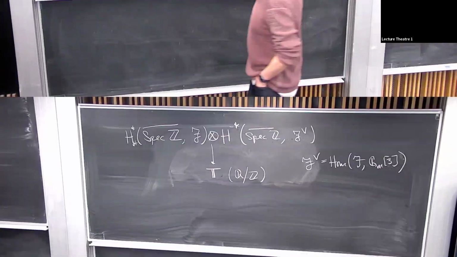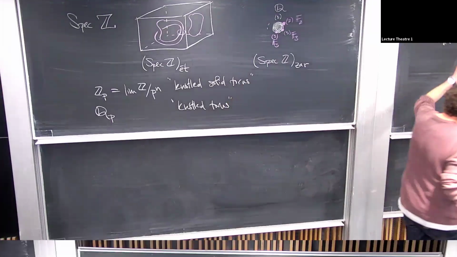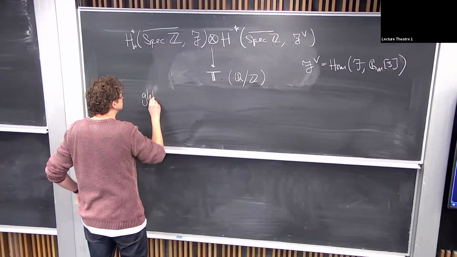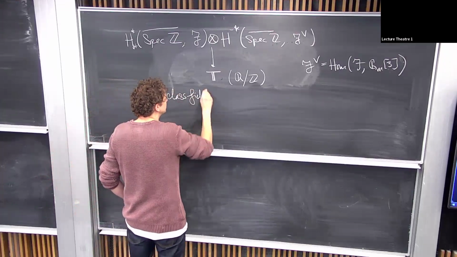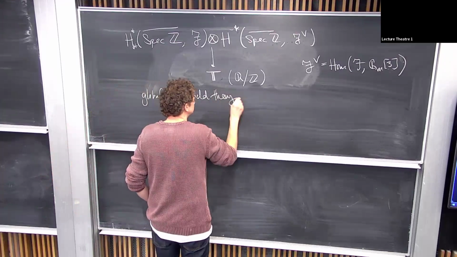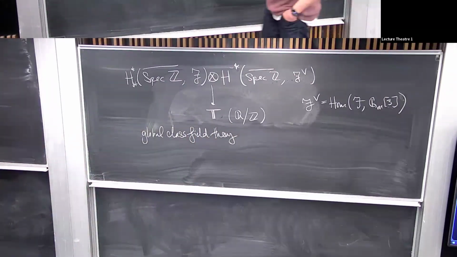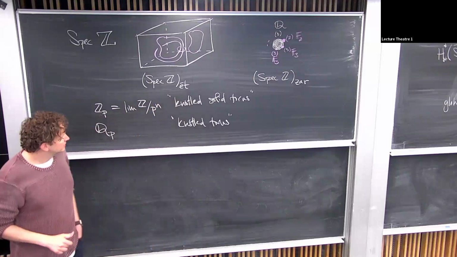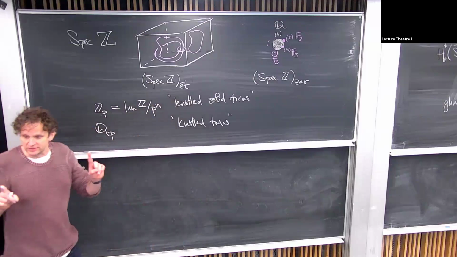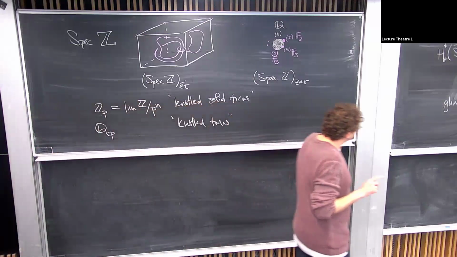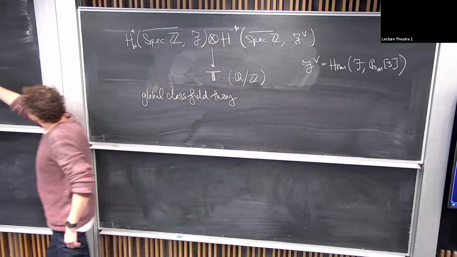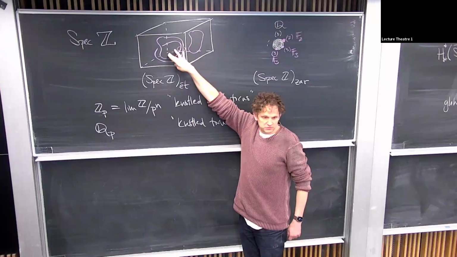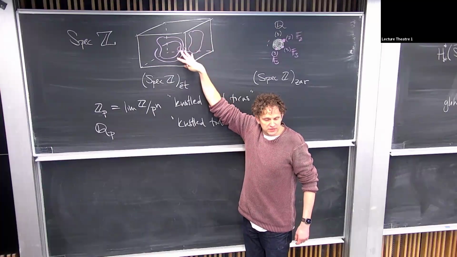Okay, so where does this come from? This comes from global class field theory. This is a consequence of global class field theory, suitably. So the point here is that the way in which you understand this geometric picture comes from a very small amount of information in some sense.